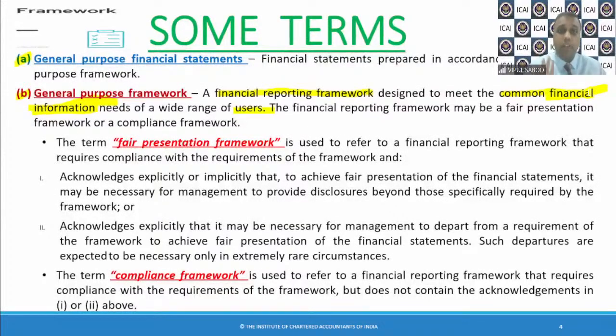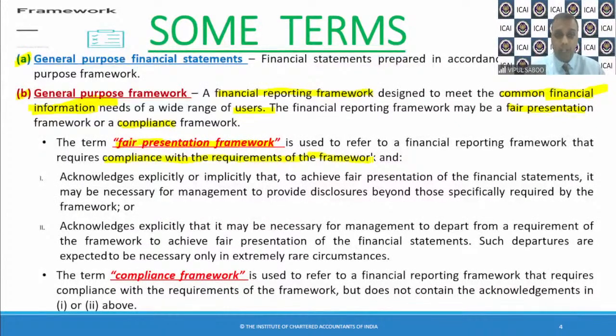Okay. So this financial reporting framework may be a fair presentation framework or a compliance framework. What is the difference? The term fair presentation framework is used to refer to a financial reporting framework which requires compliance with the requirements of the framework.